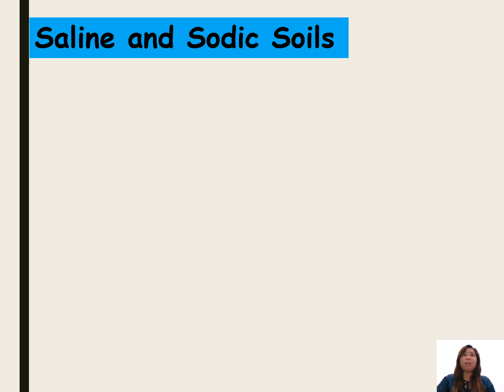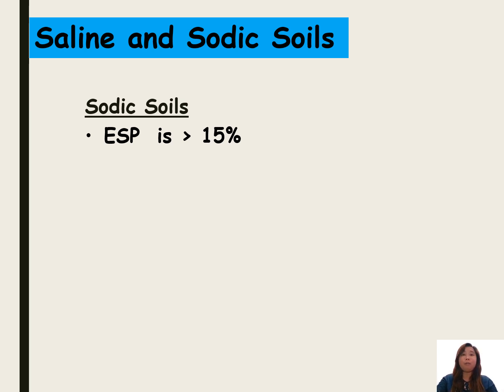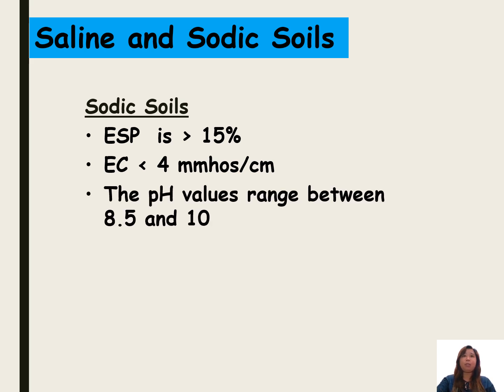Now what is the difference between a saline and a sodic soil? The ESP of sodic soil is greater than 15%. That's the number one difference. Saline soils have an ESP of less than 15, while sodic soils have an ESP of greater than 15. Its EC is also less than 4 millimoles per centimeter, and the pH value can range between 8.5 and 10.